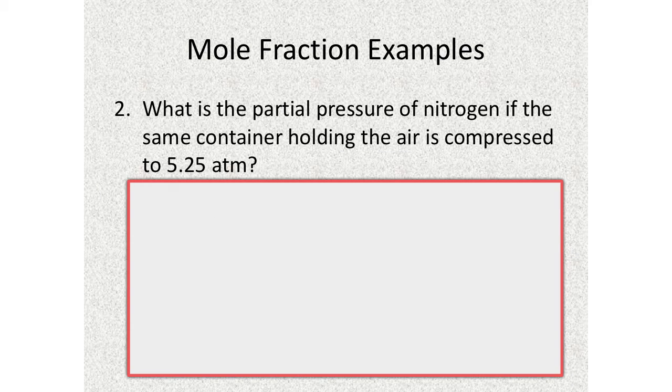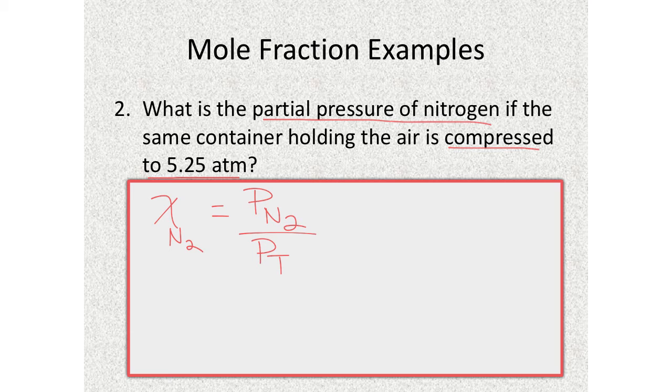All right, this is a continuation of the previous problem. So what is the partial pressure of the nitrogen if the same container, so we've got that same container from the previous problem, is compressed to a new pressure of 5.25 atmospheres? So what we can do is we can use our mole fraction would be equal to the pressure of the nitrogen over the total pressure.